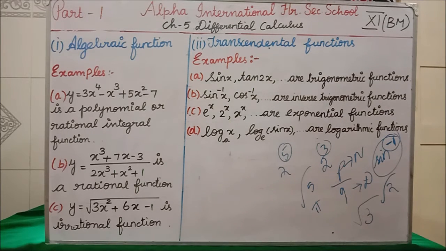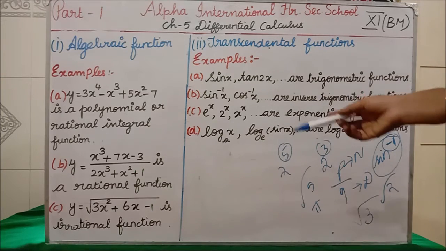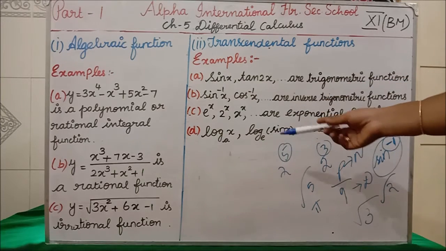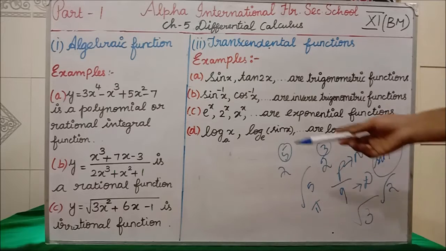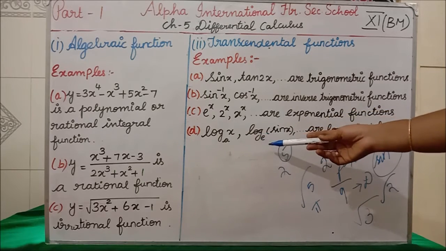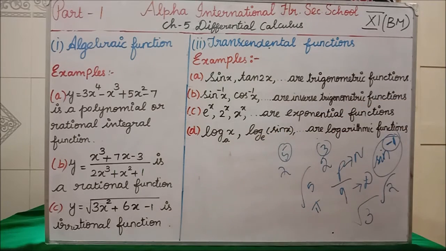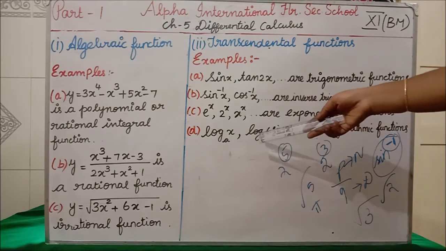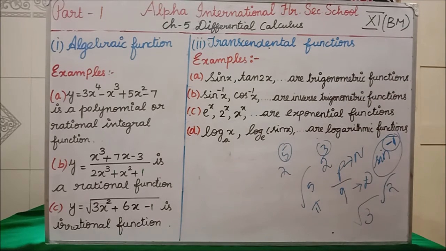Next, the last one is log base a x, comma, log base e sin x. This you have to read as log base e sin x. Clear? These are logarithmic functions.